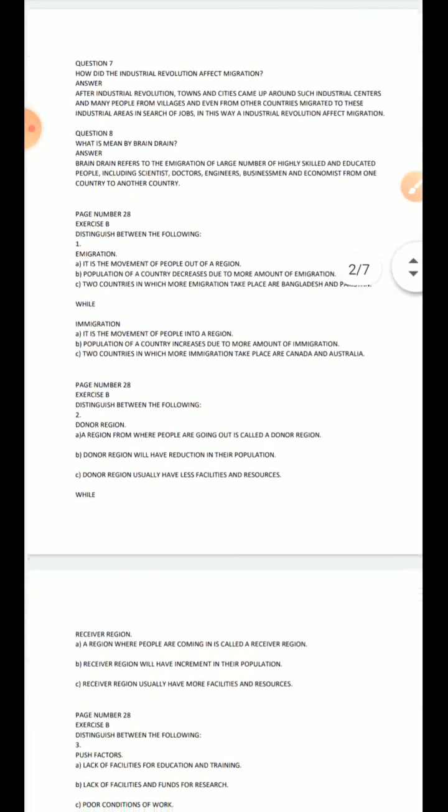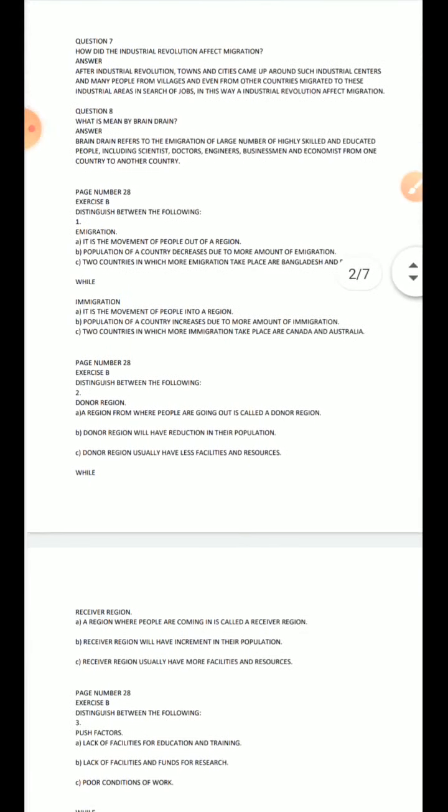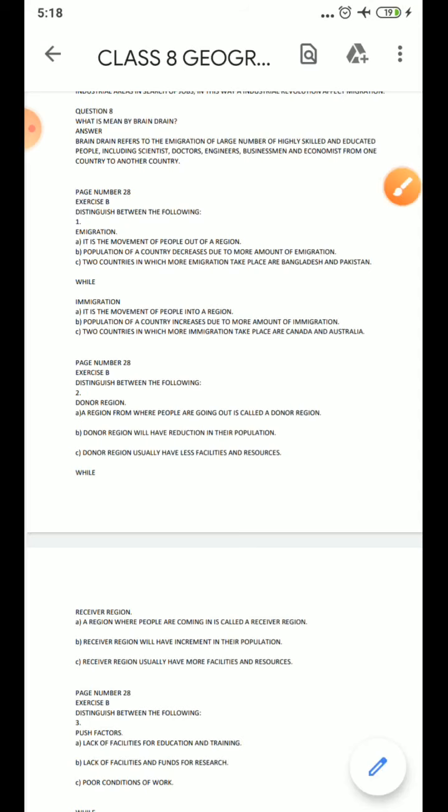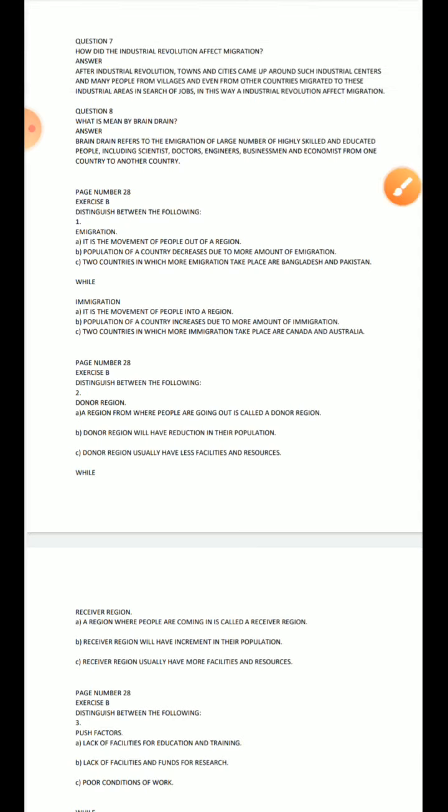What does question number 7 ask? Question number 7 is asking how did the Industrial Revolution affect migration? So my answer is: after the Industrial Revolution, towns and cities came up around such industries or industrial centers, and many people from villages and even from other countries migrated to these industrial areas in search of jobs.